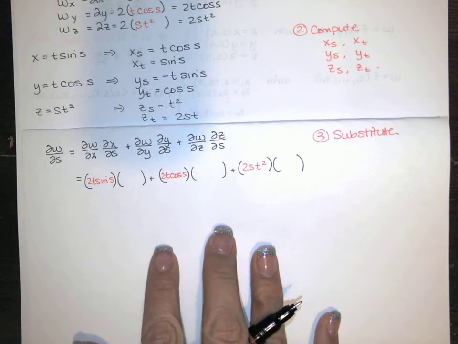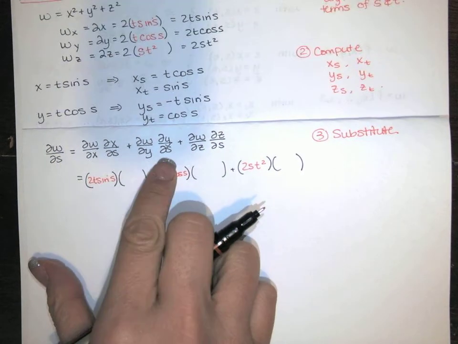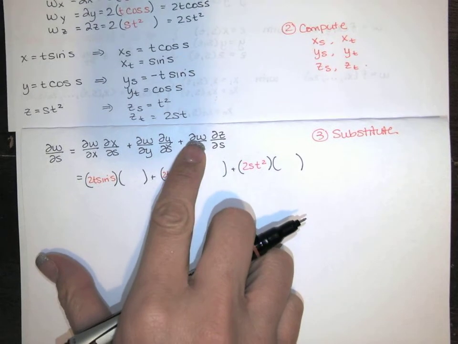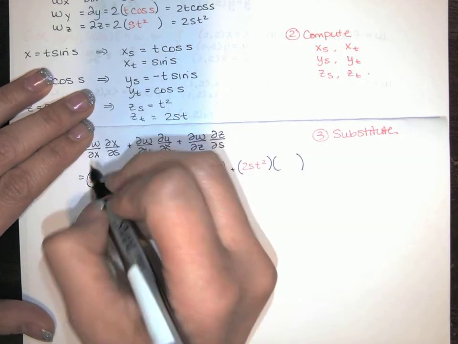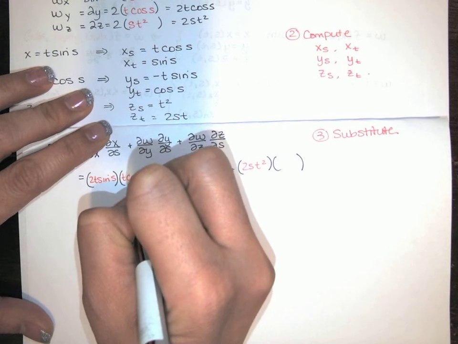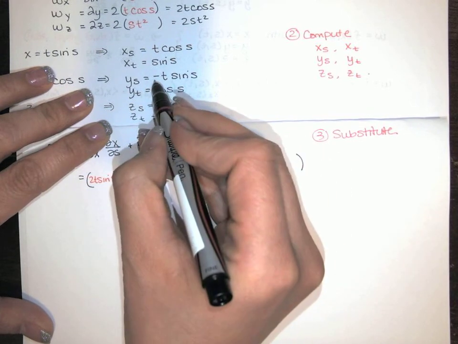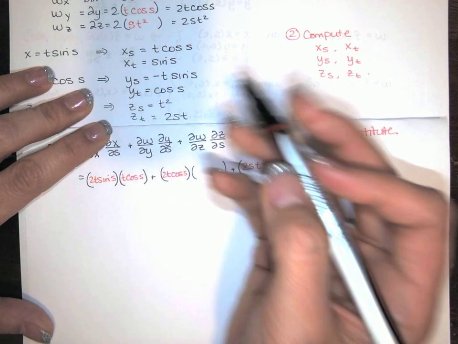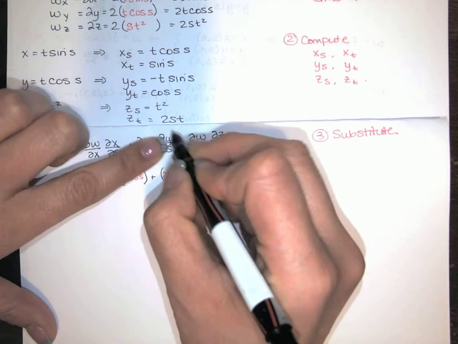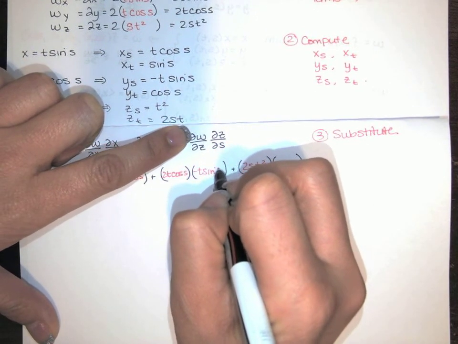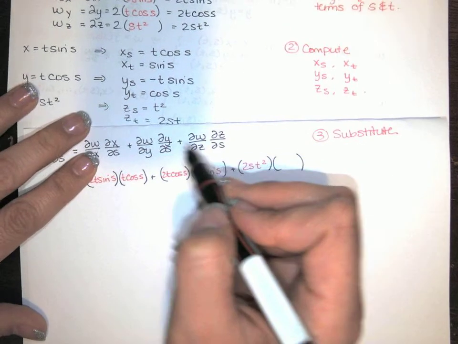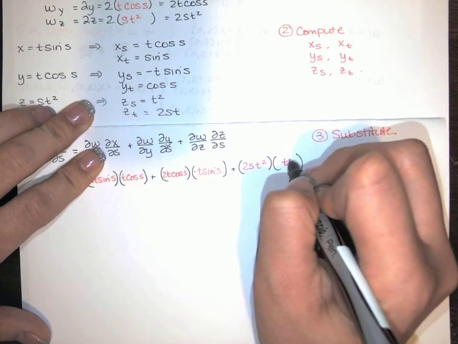And then these other partials, partial of x with respect to s, y, and z with respect to s, are right here. So I've got t cosine of s here. Here is negative t sine of s for the partial of y with respect to s. And partial of z with respect to s is t squared.